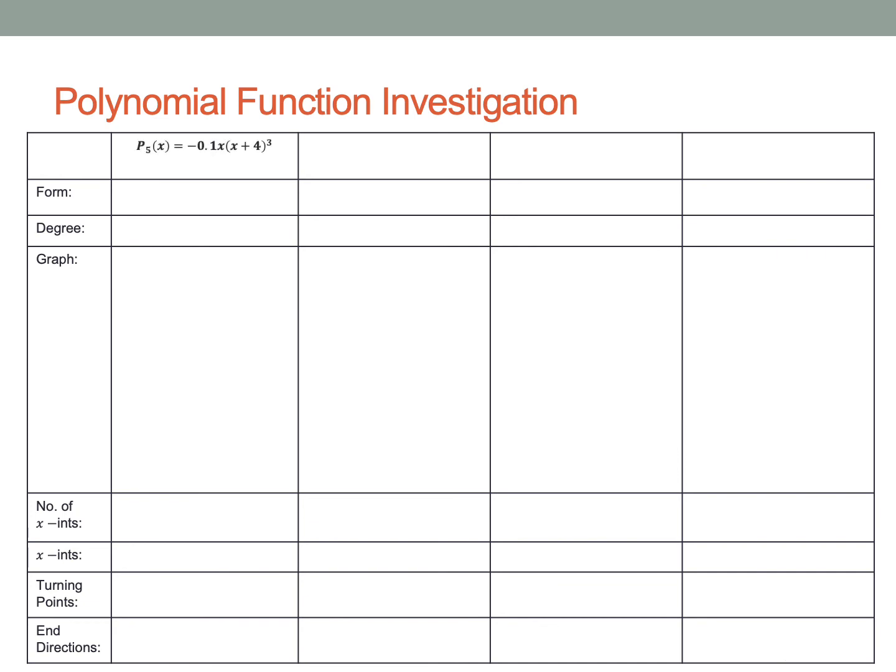Next function: negative 0.1 times x plus 4 cubed. This is in factored form and it's degree 4. Right, x plus 4 is a repeated factor 3 times. So this graph looks like this. As you notice, as I said before, it bounces when you have a repeated factor.